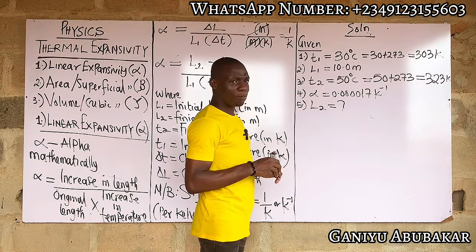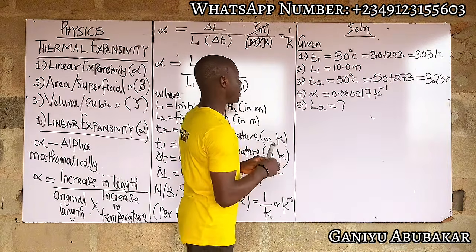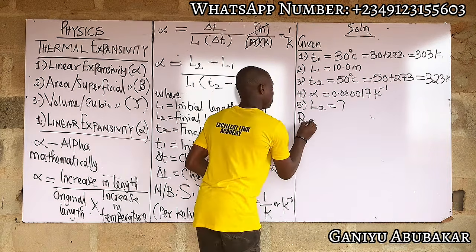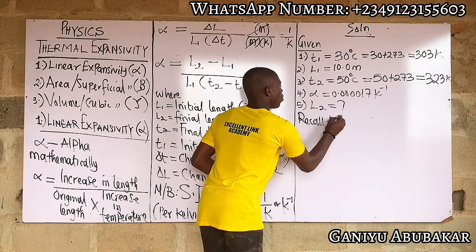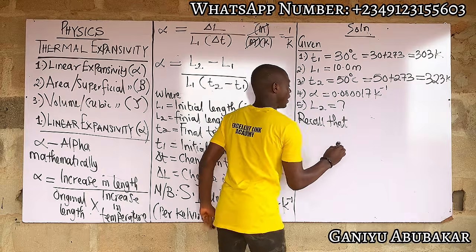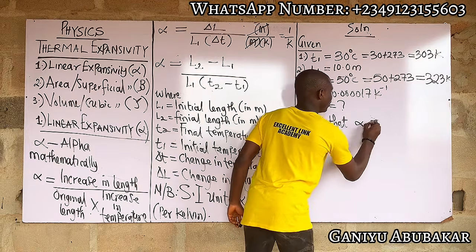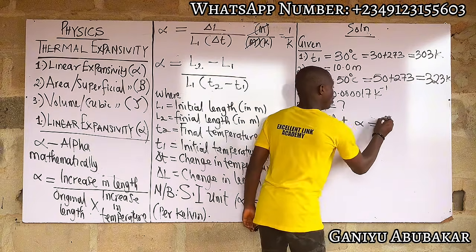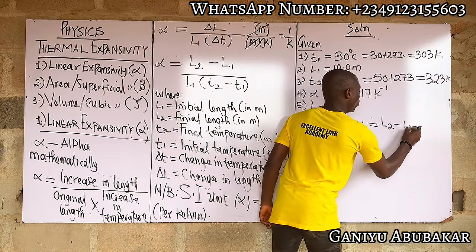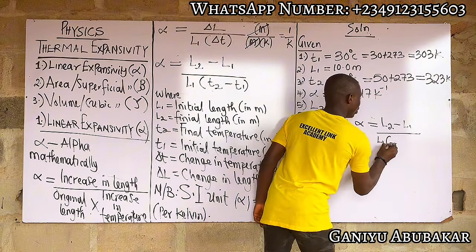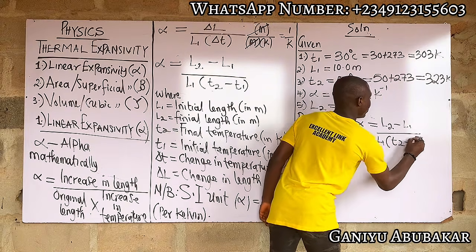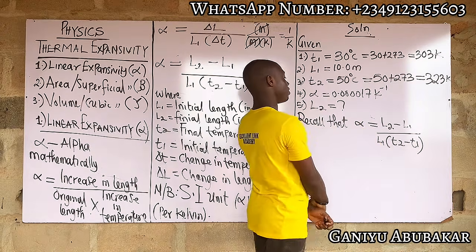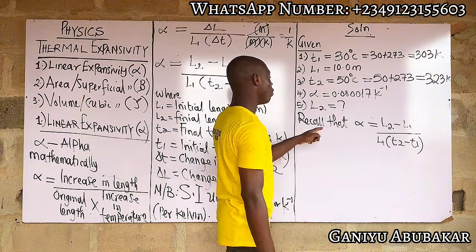We said that linear expansivity alpha is equal to L2 minus L1 all over L1 into T2 minus T1. I have this. So note that I'm looking for L2.